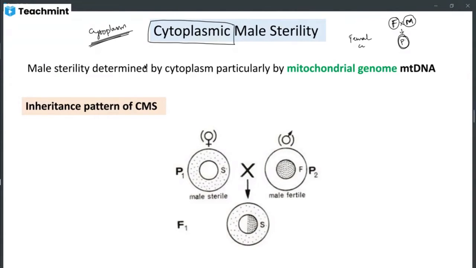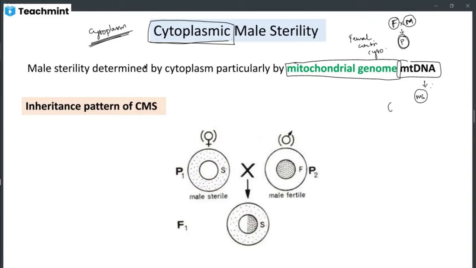Please remember this. The female parent contributes cytoplasm, and cytoplasmic male sterility is mainly due to the mitochondrial genome, which means your mitochondrial DNA is mostly responsible for the male sterility.